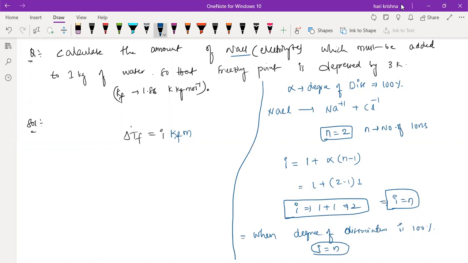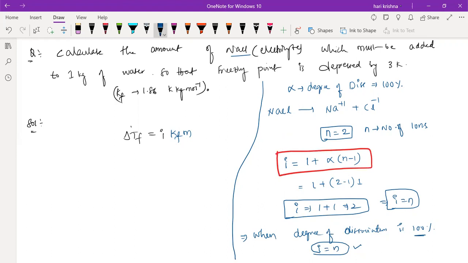Any doubts in this? From the next problem onwards, we'll directly write i is equal to n whenever there is 100% dissociation. If it is less than 100% dissociation, like only 60%, 70%, 90%, we'll use the formula. Okay.